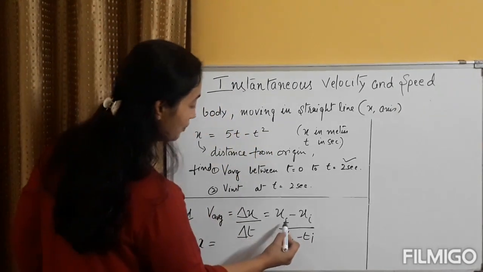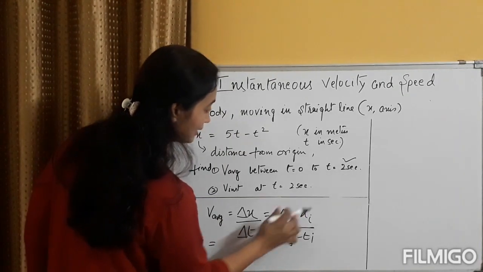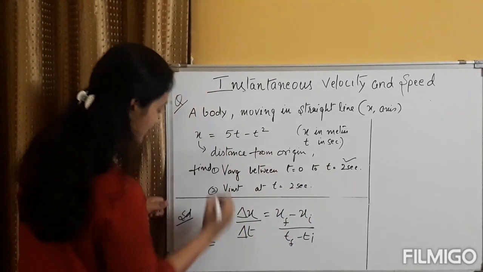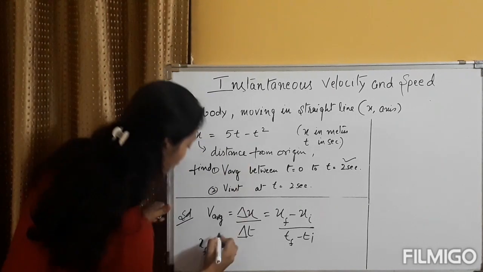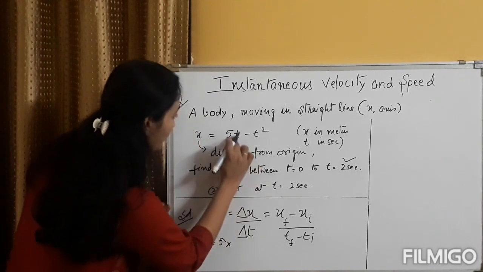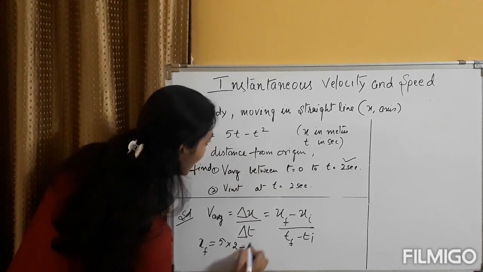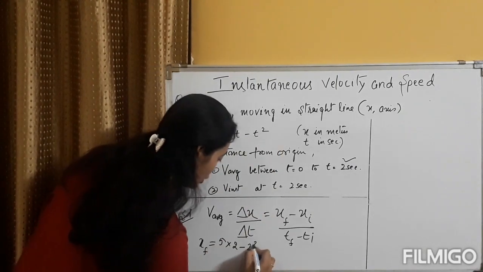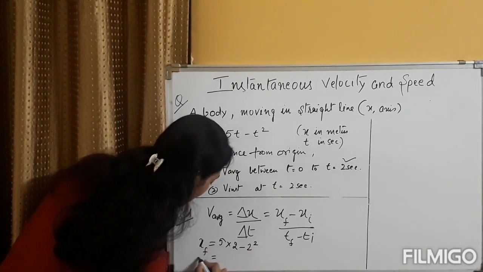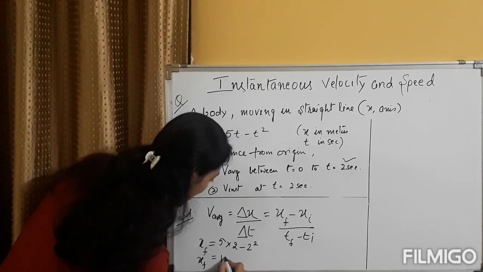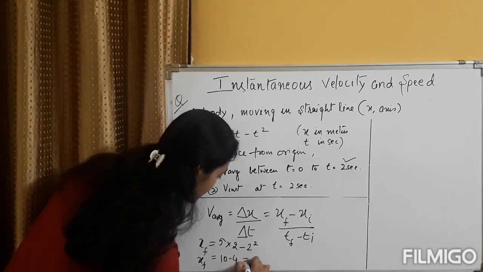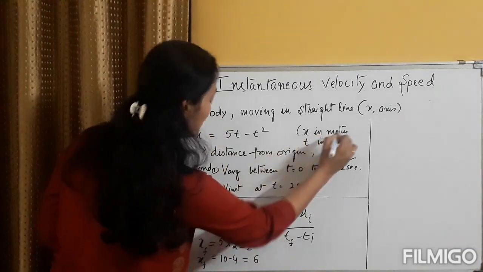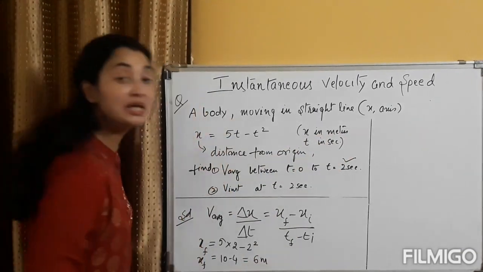So what is the final position when time is 2 seconds? xf will be equal to 5 into 2 minus 2 square. So what am I getting? X final is equal to 10 minus 4, which is 6. And x is in meters, so 6 meters.